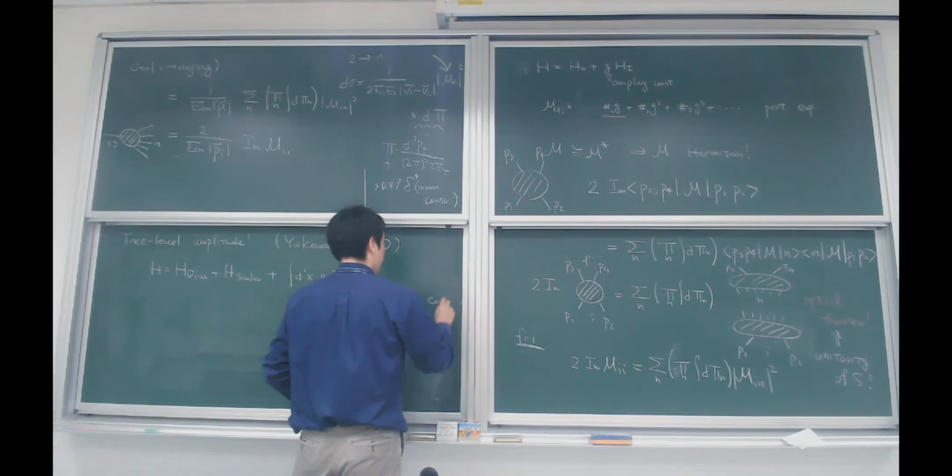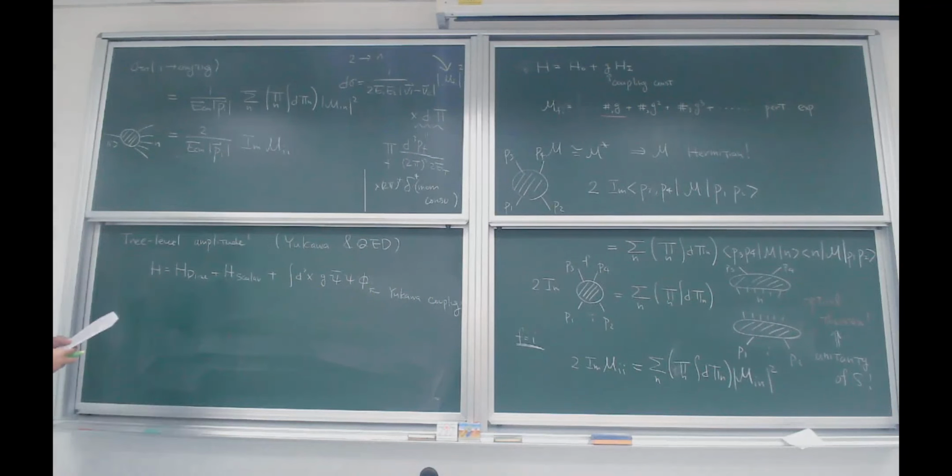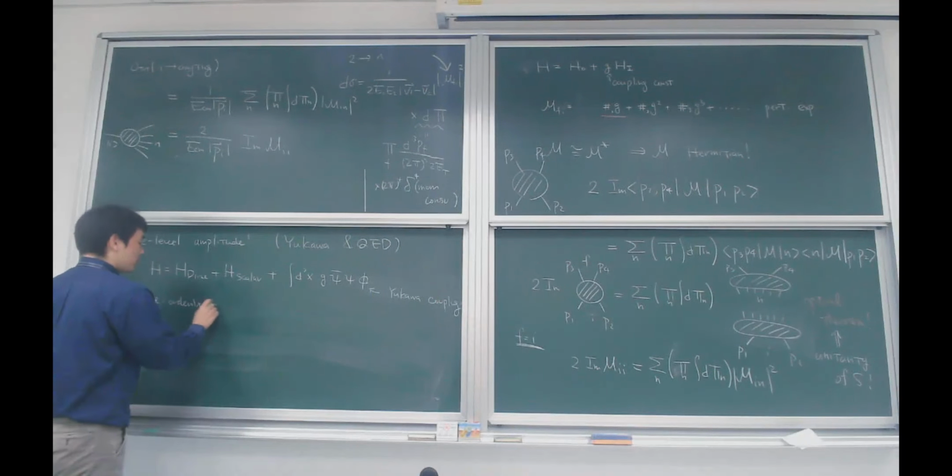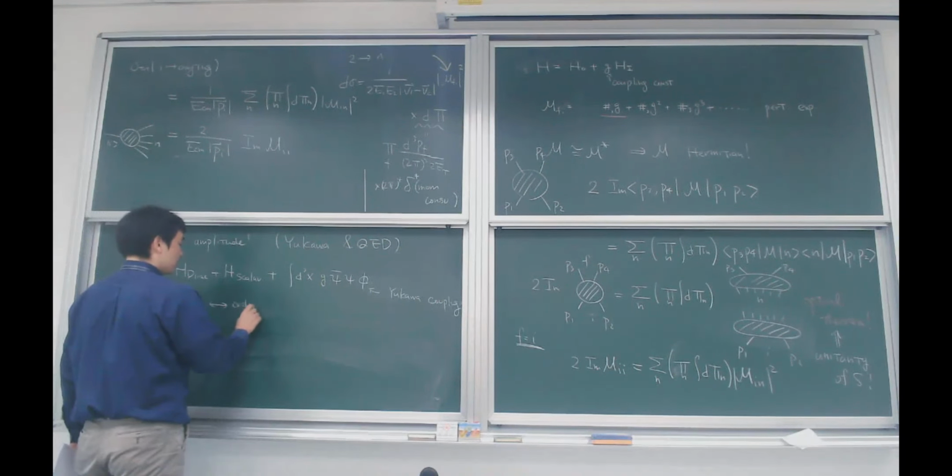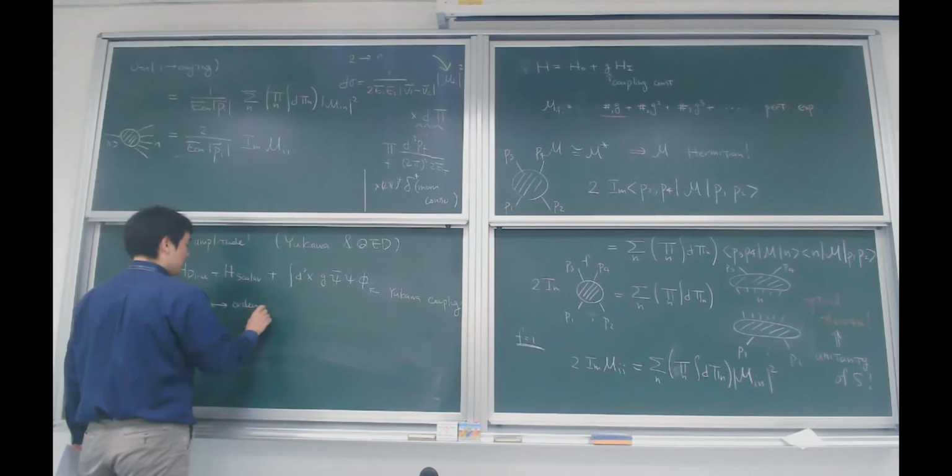We already knew the Feynman rules for scalar theory, which I roughly already explained. So we need to understand what the Feynman rules for fermions are. To do that, let us recall that to get the Feynman rules, we need to understand the relation between time ordering and normal ordering.